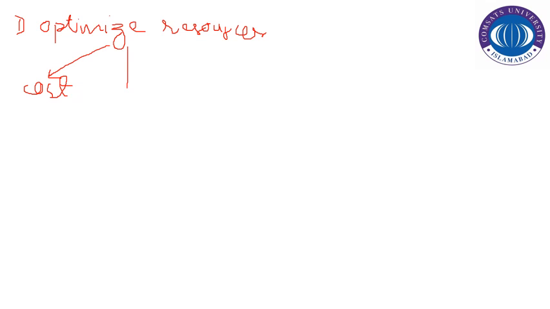The second benefit is in terms of power consumption of the system. And the third benefit is the increase in performance of the system, or we can say performance optimization.